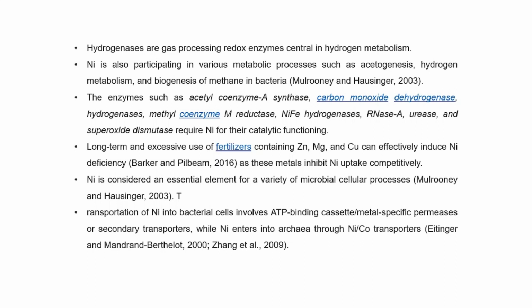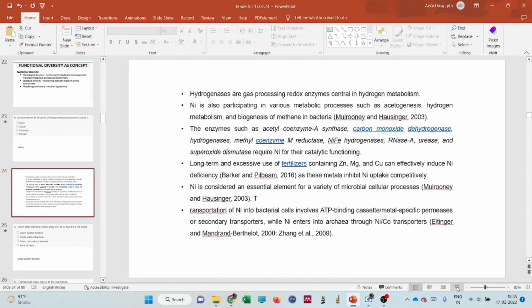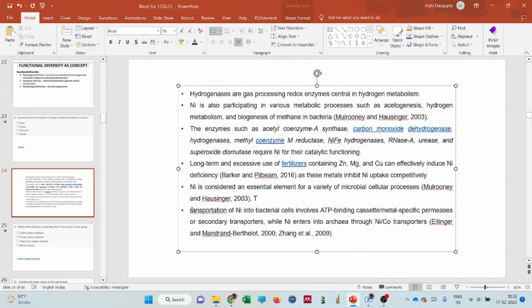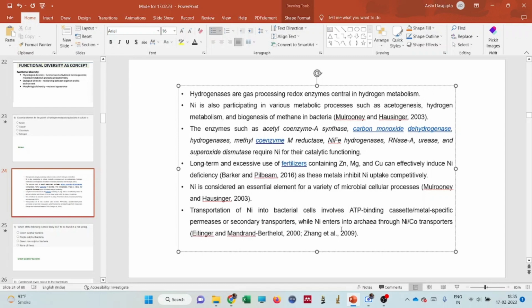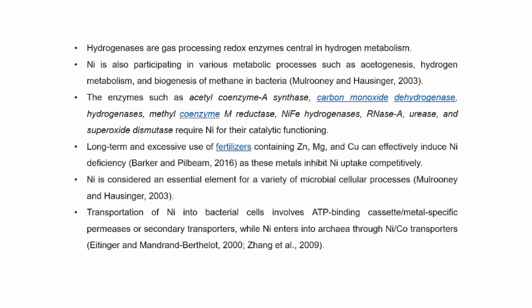Also, transportation of nickel into bacterial cells involves the ATP binding cassette. We also discussed the ATP binding cassette on the first day, the ABC transport protein basically. So transportation of nickel into bacterial cells involves the ABC transporter, while nickel enters into archaea through nickel cobalt transporters.